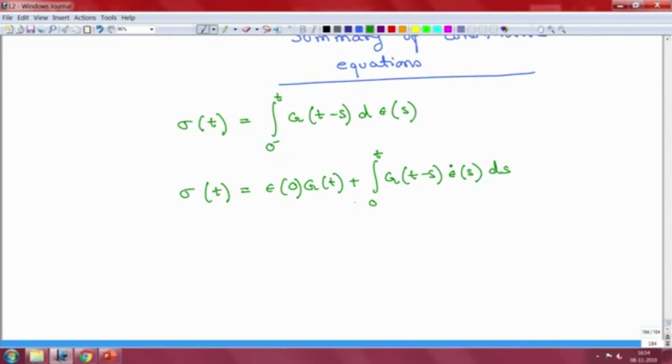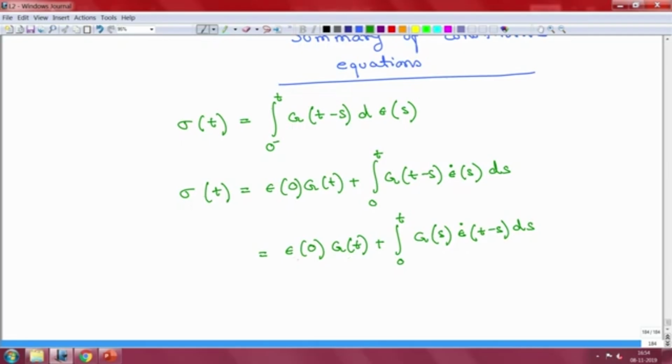Now, this is a convolution equation, and here you can actually just interchange the order of these and the integral will still remain unaffected, right. So, you can rewrite this entire thing as, and then you can also switch these two here.